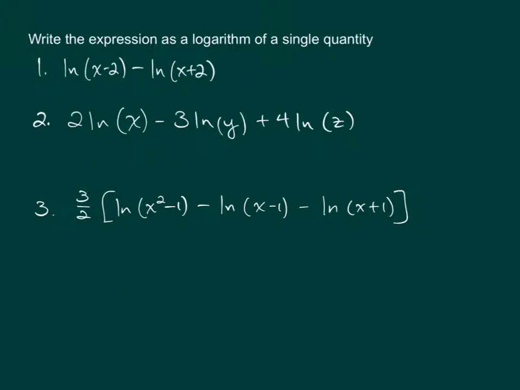properties in mind that when you subtract two logs, that uses this property that the natural log of A minus the natural log of B equals the natural log of A over B. So when you keep this in mind, that the natural log that has a negative in front of it, the argument of that natural log will go into the denominator.